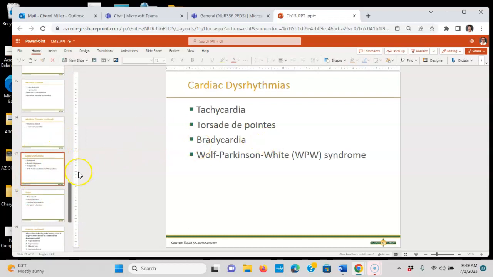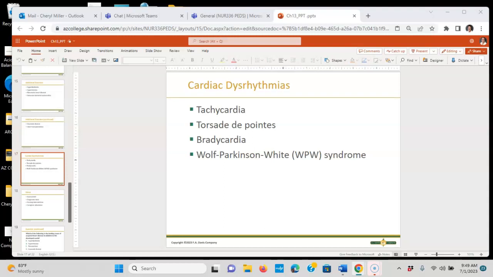All right. So tachycardia, too high heart rate, a heart rate greater than 220 would be supraventricular tachycardia. You stimulate the vagal response through nasal suctioning. Apply ice to the forehead.